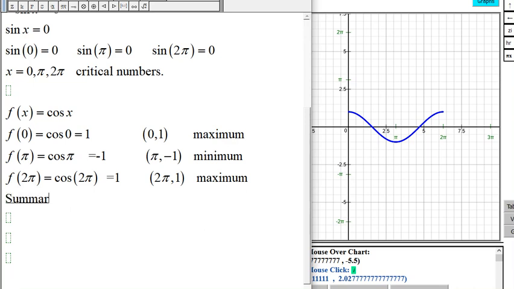So, summary: critical numbers are 0, pi, and 2 pi.